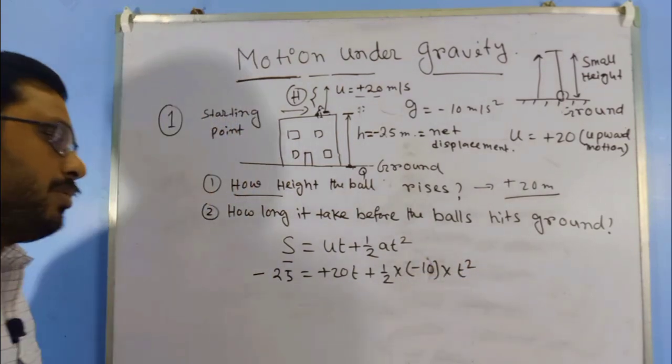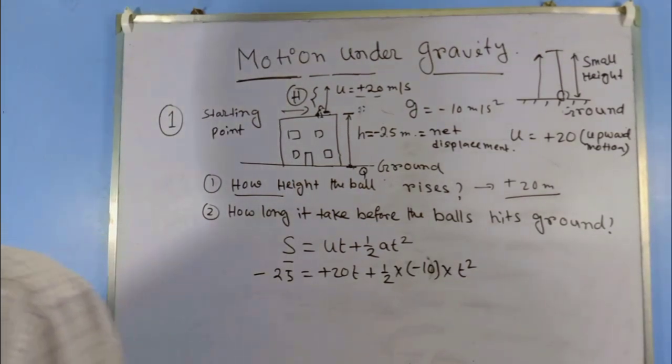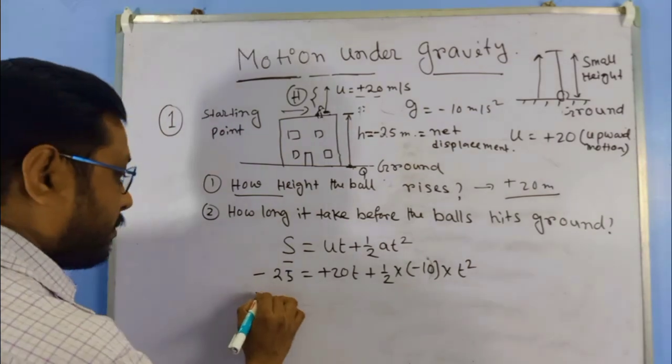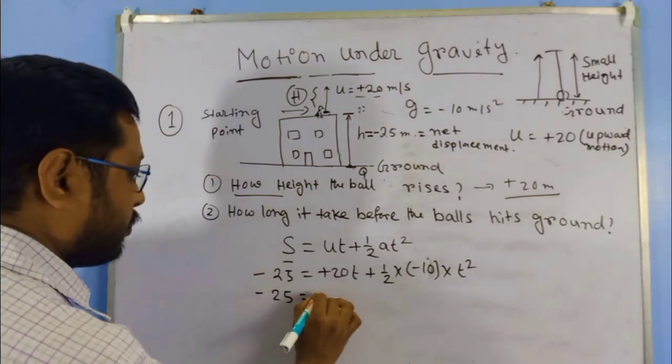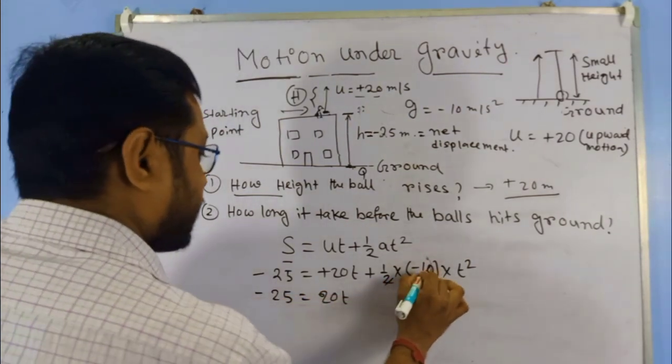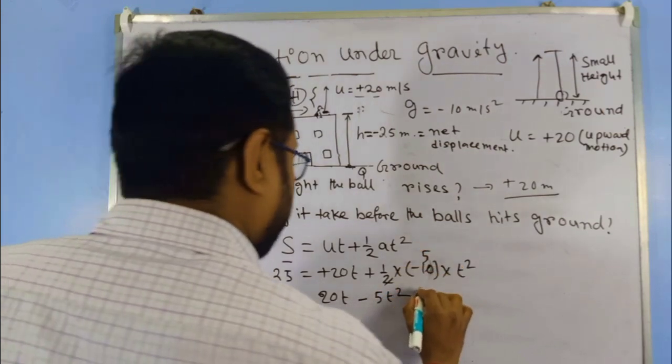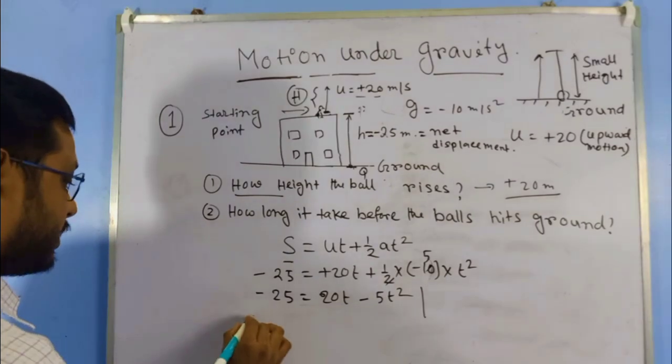We can find out the value of t. That is minus 25 equal to 20t minus 5t square.